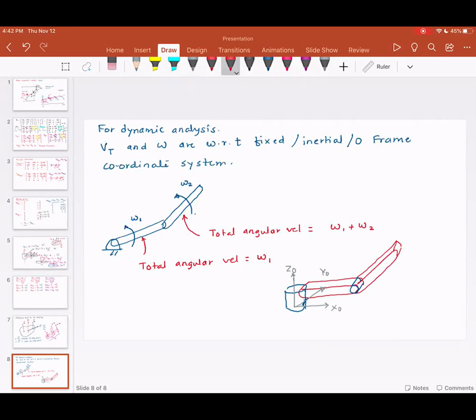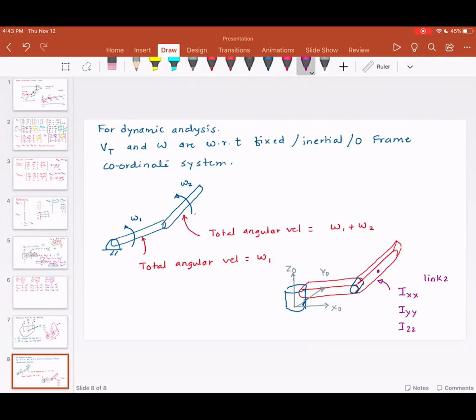And what I'm interested in finding out is the IXX, IYY, IZZ for link 2. So the question is, what is the value of IXX, IYY, and IZZ for link 2?